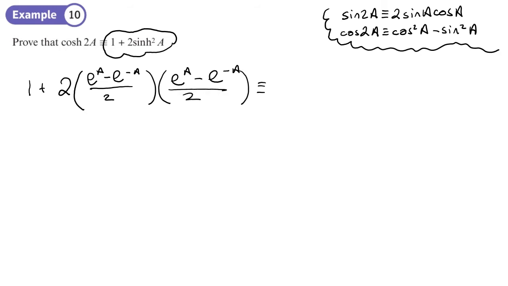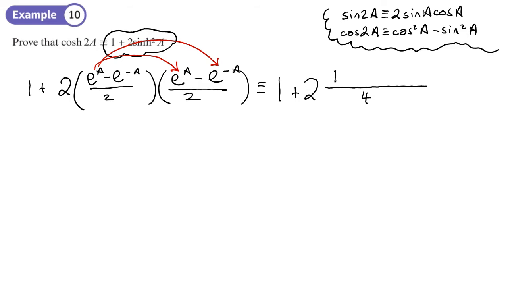So let's multiply that out. So you get 1 plus 2 lots of, now this is all going to be over 4. So e^a times e^(−a) becomes 1 when I multiply.